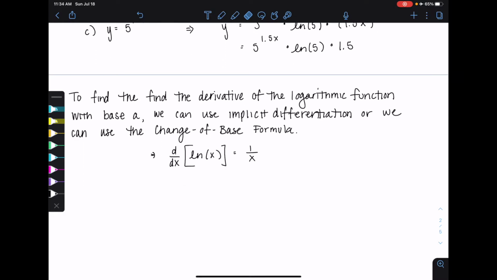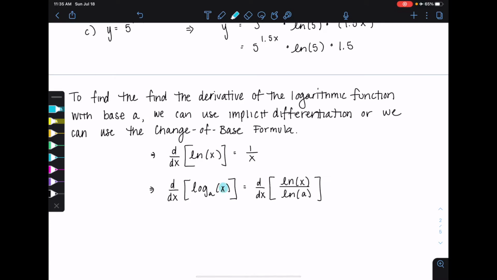So we know the derivative of the natural log of x is 1 over x. So if I want to change that base, utilizing our change of base formula, remember to actually evaluate this in your calculator, you had to rewrite it in terms of natural log or log base 10. So we're going to take natural log of the inside, divide it by natural log of the base.